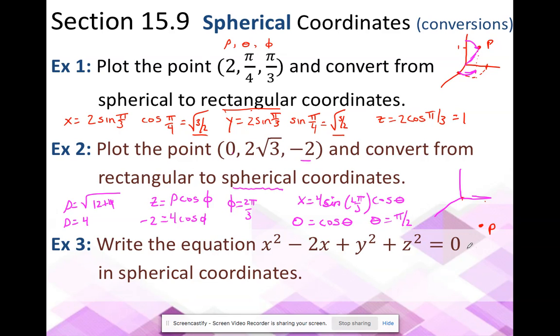Can you buy the fact that if you radiated out a distance of 4, right now you're going down 4 units, that is rotating pi over 2 units in theta, but rotating down 2 pi over 3 from the z.